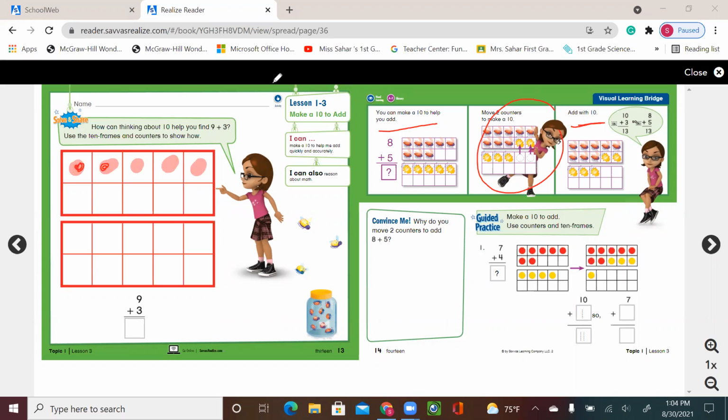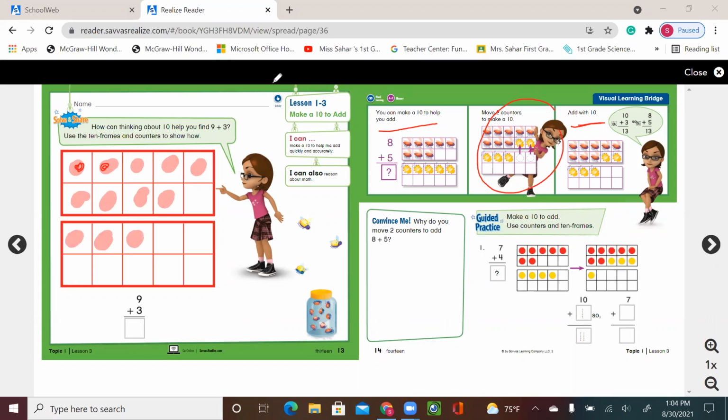So this is my 5, 6, 7, 8, 9. That's my first add-in. The second add-in is 3. So I'm going to count 1, 2, 3. So now I have 9 in the first 10 frames and 3 in the second 10 frames.